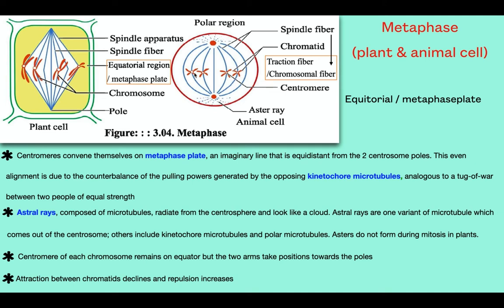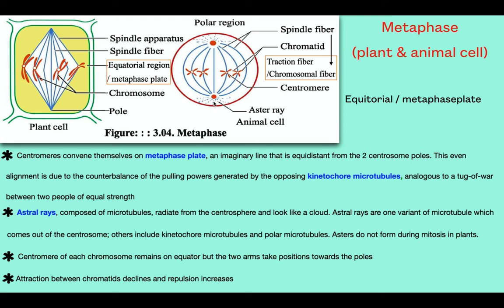Like in Bengali, if we do dori tanatani, so if both parties have the same amount of energy, then the rope is fixed. That kind of thing. During metaphase, they are pulled through these traction fibers, and kinetochores play a major role as well. We can see the astral rays here.